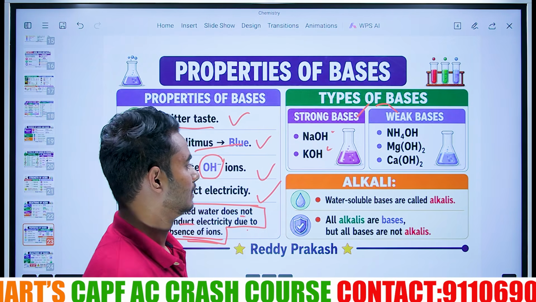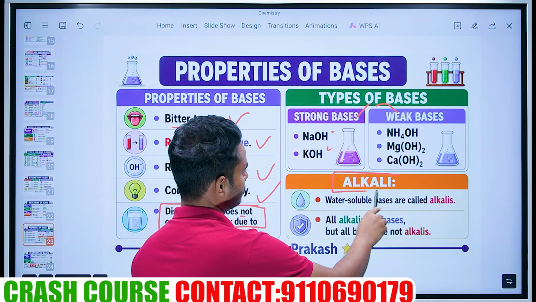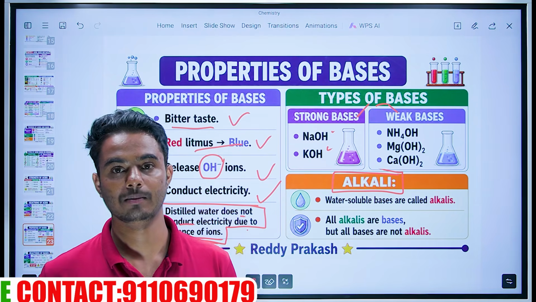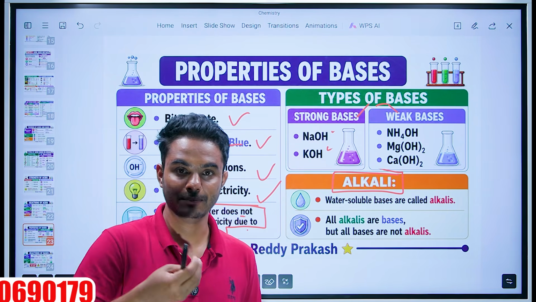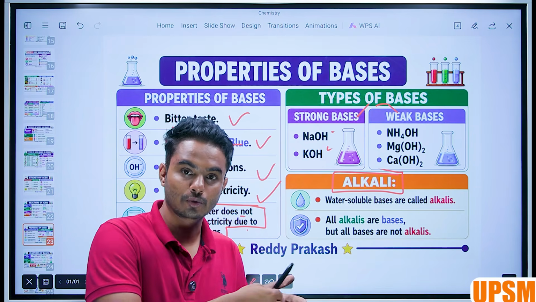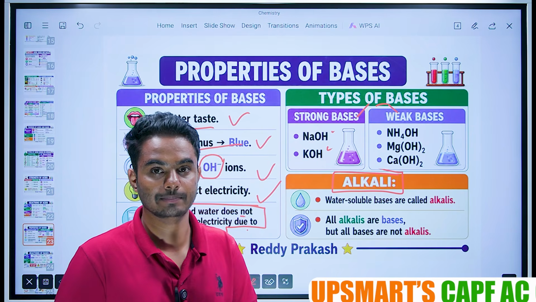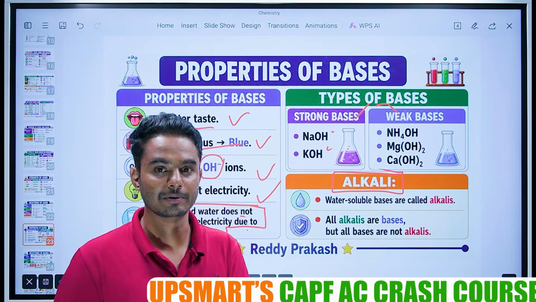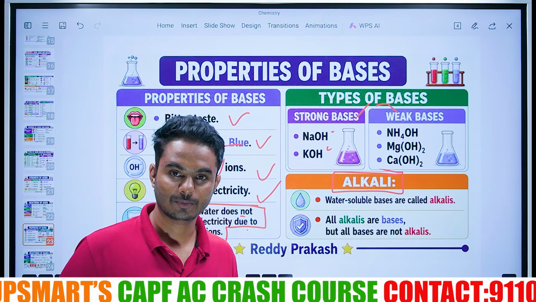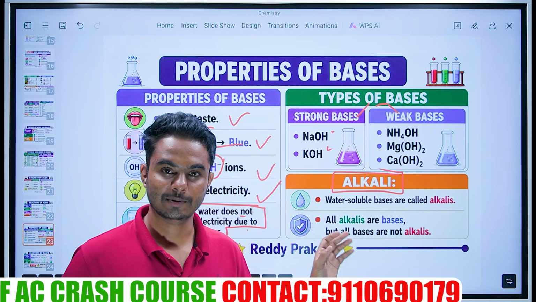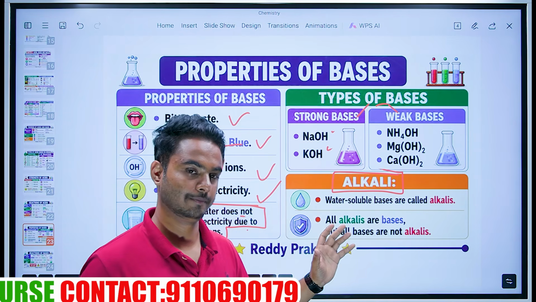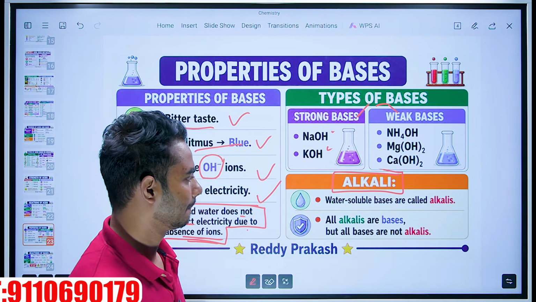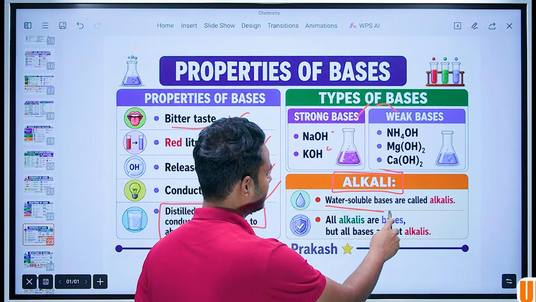Then what is alkali, sir? I always thought alkali means bases. It is something similar to base, connected to base, but not exactly base. Base is purely about whether low pH or high pH, whether related to OH minus or H plus. But what is alkali? Alkalis are water soluble bases.